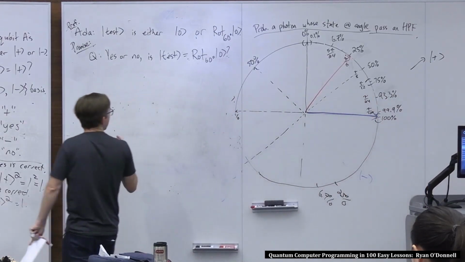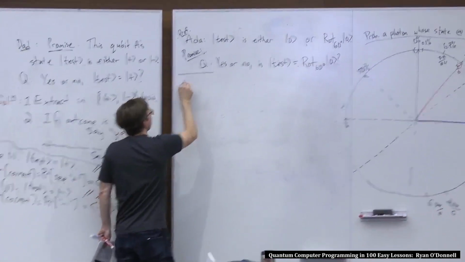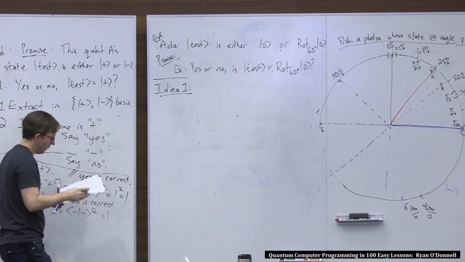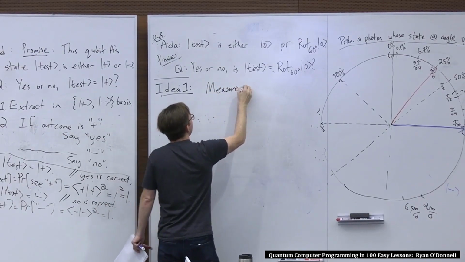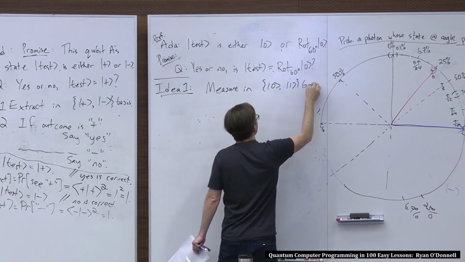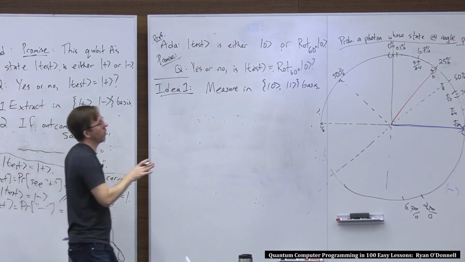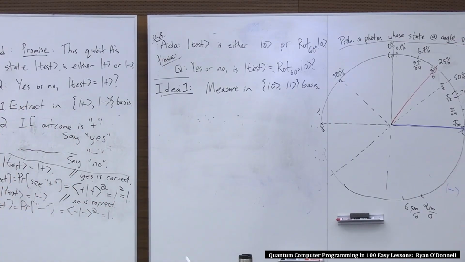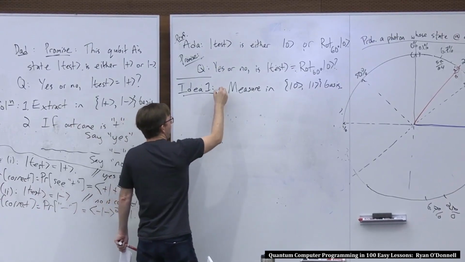I think you don't even have to rotate, and you'll get a pretty good algorithm. Let's try this. This is idea 1, which indeed was the idea I was hoping you would say. Just do the standard thing: measure in the 0 and 1 basis, the standard basis, which just corresponds to doing extract. Actually, what you said will be equally good, so it'll be fine if you also want to rotate 90 degrees.